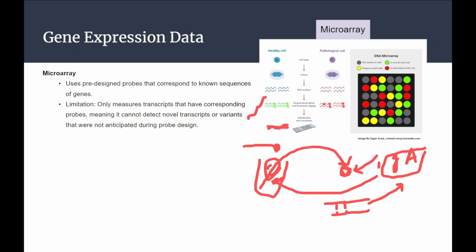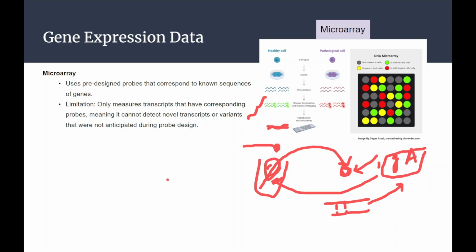It is present in both conditions, like gene D, which we added in this example. So gene D is showing expression in healthy cells and in infected cells also. And if you are getting green, it means the particular gene is showing expression in the healthy condition only, and it is absent in the pathological or infected cell.